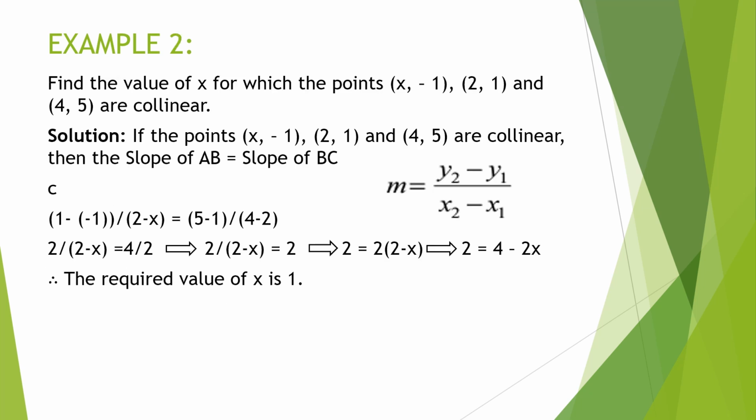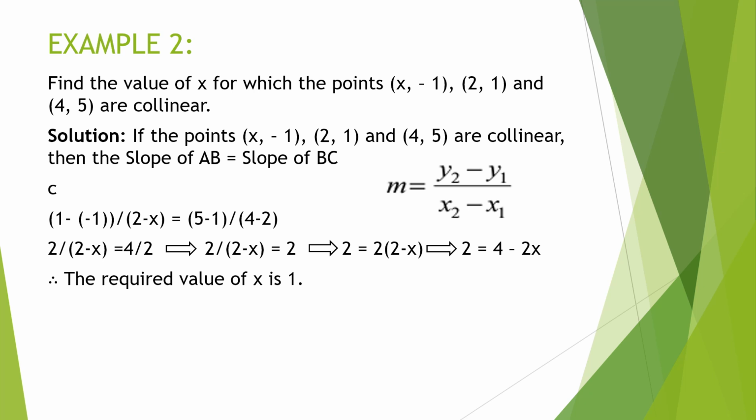Second example. Find the value of x for which the points (x minus 1, 2), (1, minus 1) and (4, 5) are collinear. We have just seen that if 3 points are collinear, then the slope of AB will be the same as the slope of BC. So suppose we have these 3 points, we will use the formula for the slope, m equal to y2 minus y1 upon x2 minus x1.